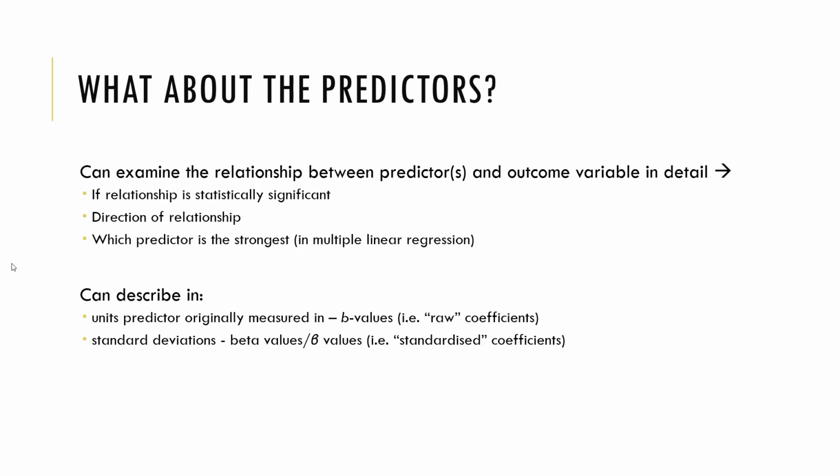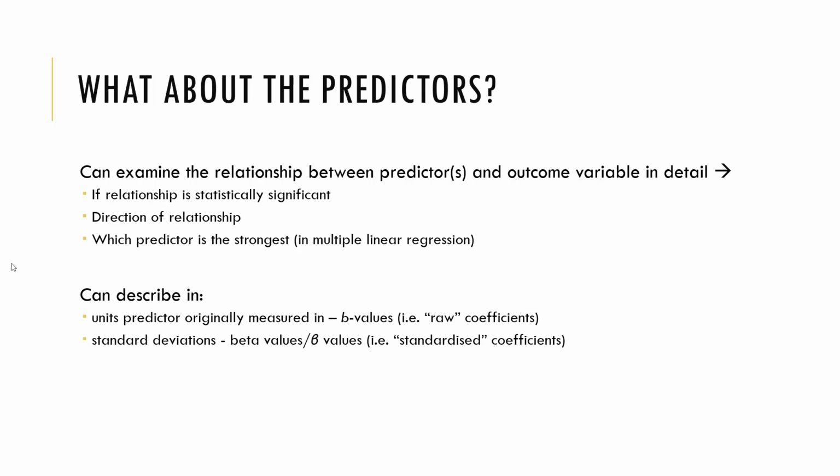Now, when you run a regression in things like SPSS, you will also have standardized coefficients. Rather than things in the original units of measurement, they represent things in standard units, essentially in standard deviations.